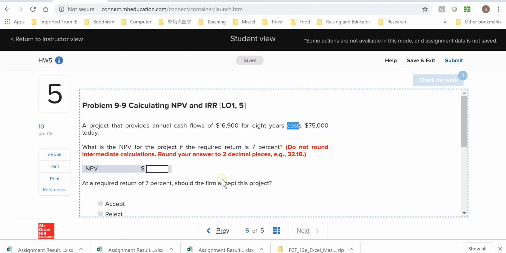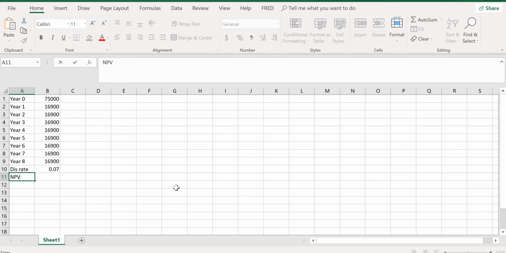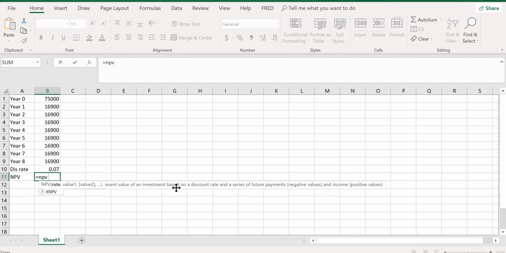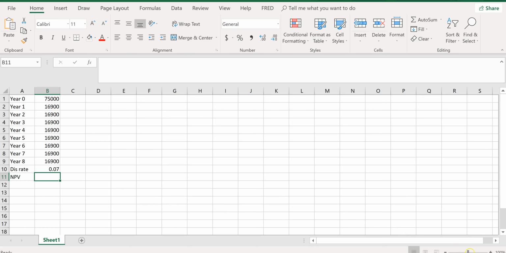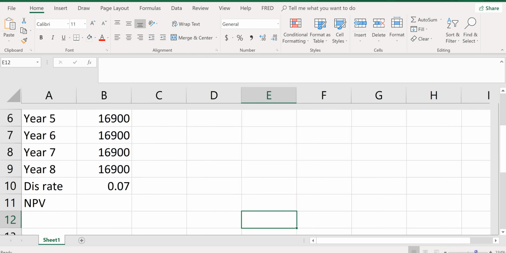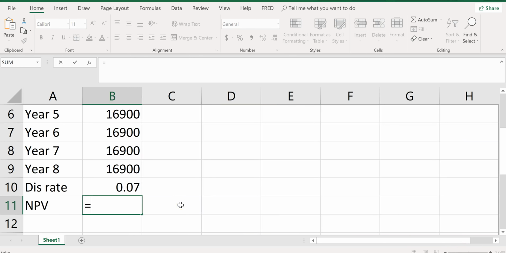So for NPV, you can use the NPV function in Excel, equals NPV. The first argument is the rate, the discount rate, 7% here.